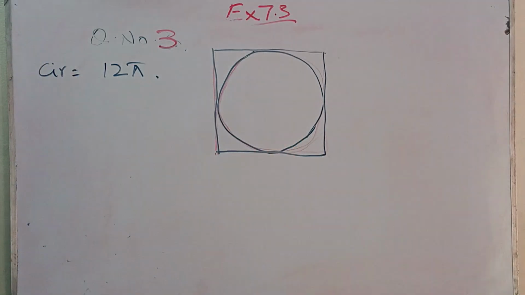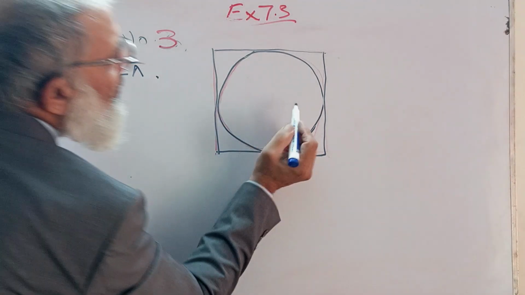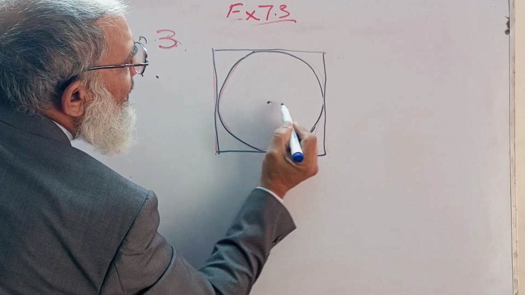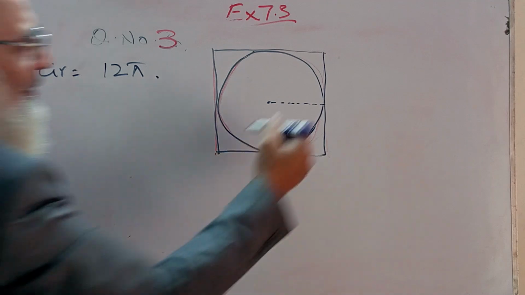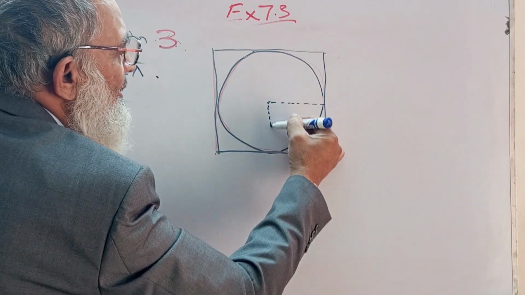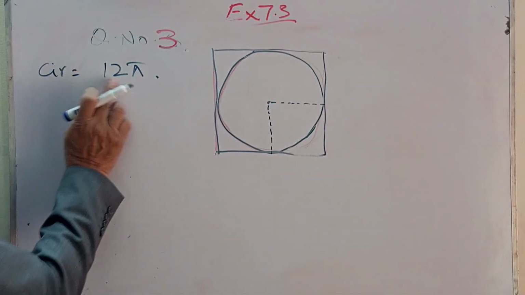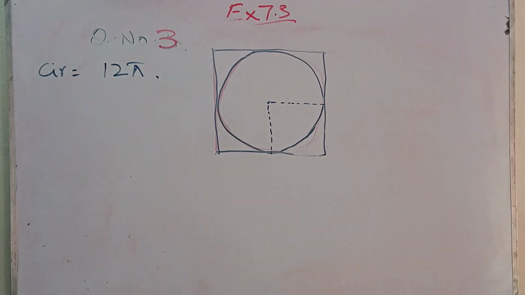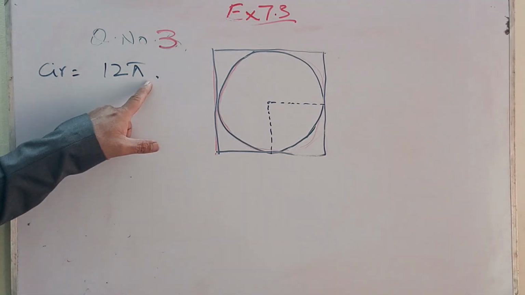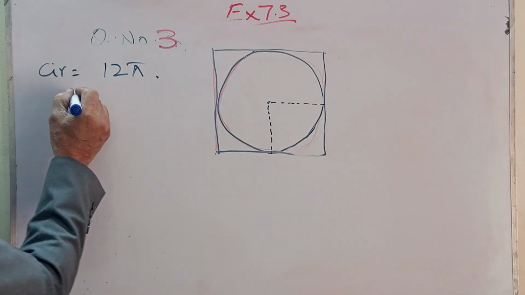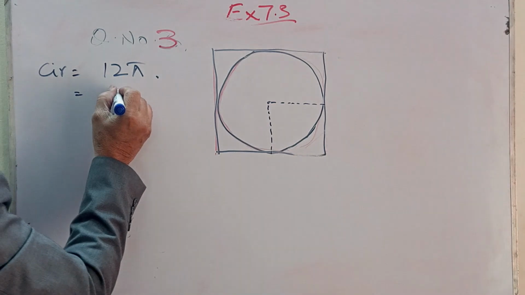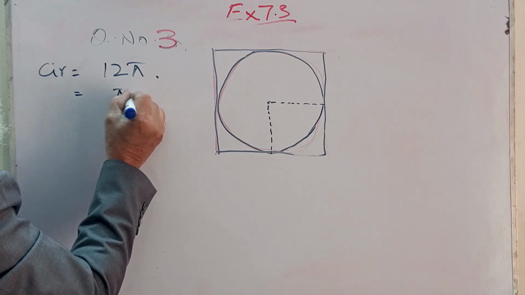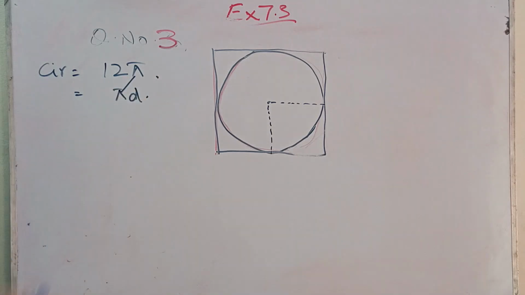Now you see that, my dear students, this is the center and it is touching like this. This is the center again and it is touching like this. So since it is 12 pi, if I just manipulate it back to the formula, it will become pi d. Now we have pi with the pi and d is 12.